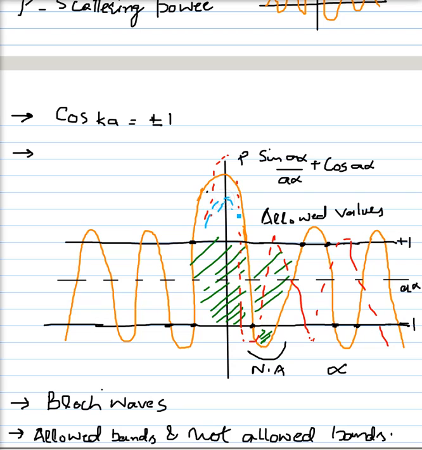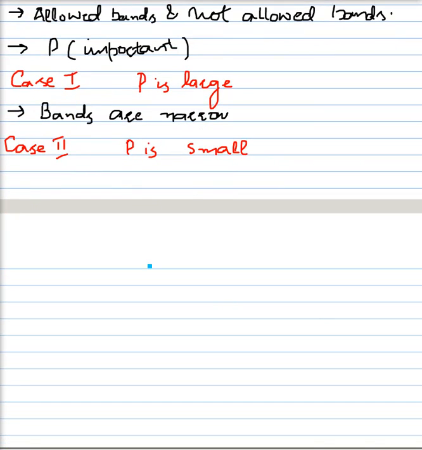So it will go like this, right? And on the other side, you can complete it in the same manner. So when P is small, the bands are broad. Fine, the curvature is wide.